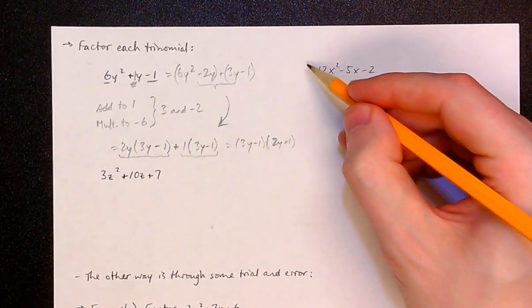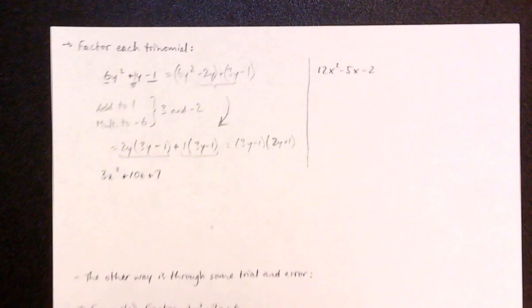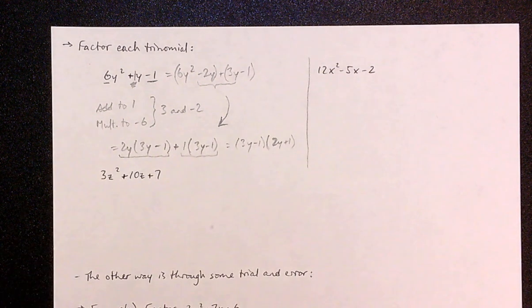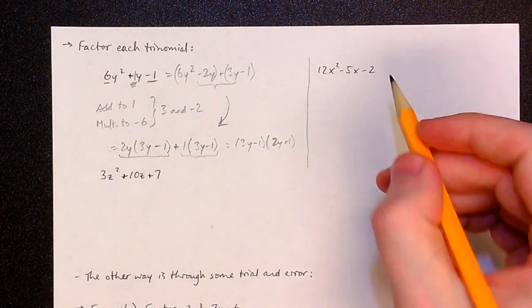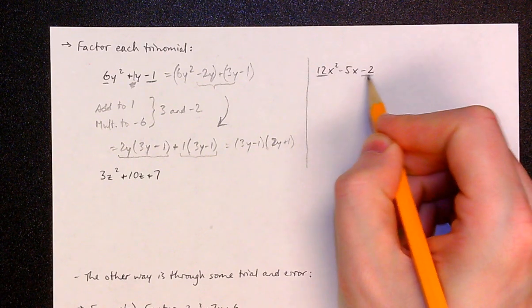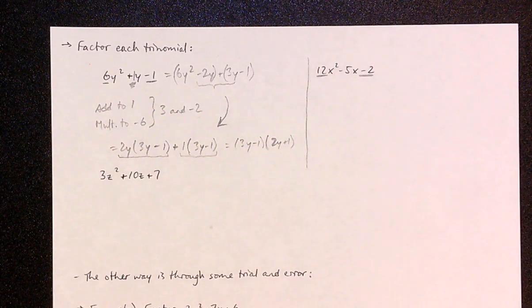I'll let you try the third one on your own. We'll go on to this second one here. 12x squared minus 5x minus 2. So, again, I'm looking at the first and the last numbers.